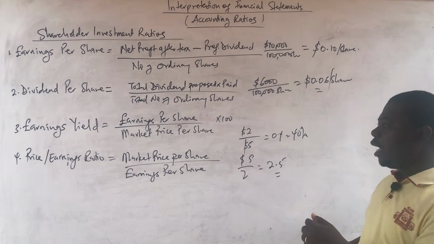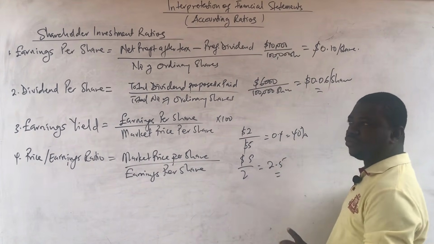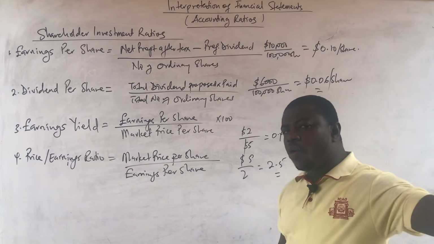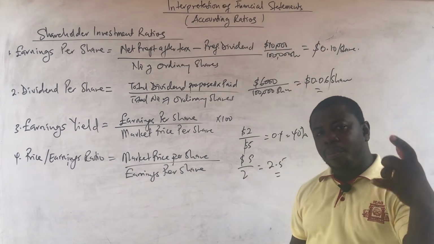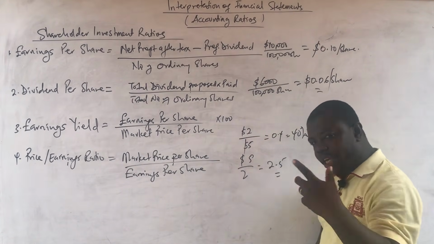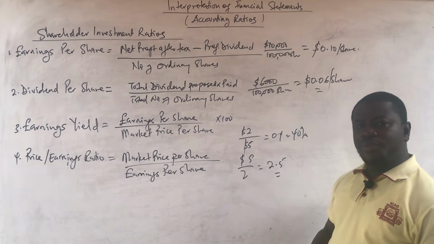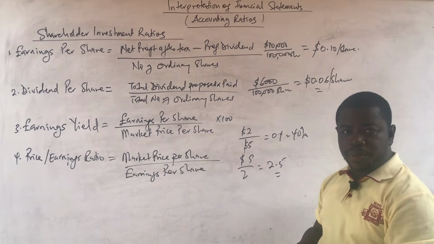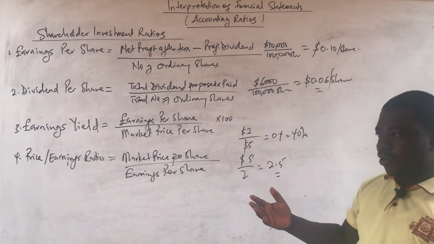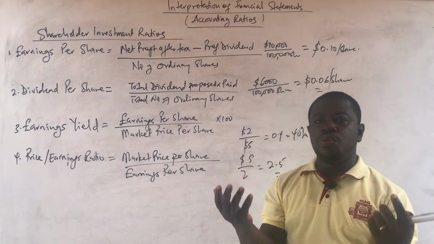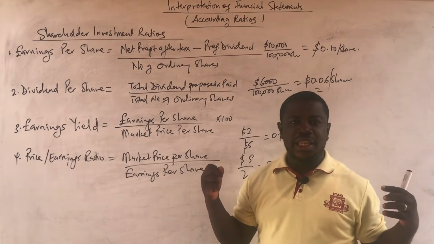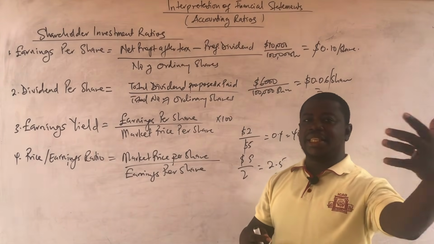So if you are getting a PE ratio of 2.5 and your competitors are getting a PE ratio of 1.5, it means that rationally every shareholder will move to your competitor, because when it comes to investment, we all want to recover the initial cost of our investment quickly and then start making profit.